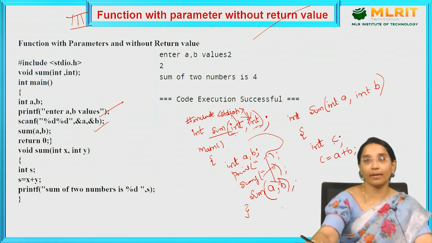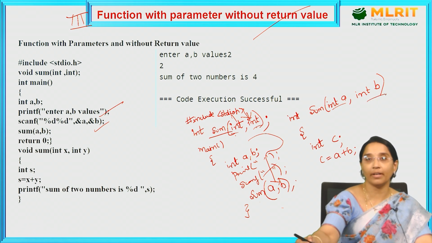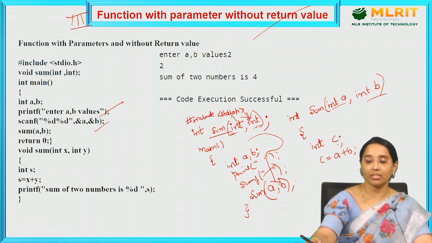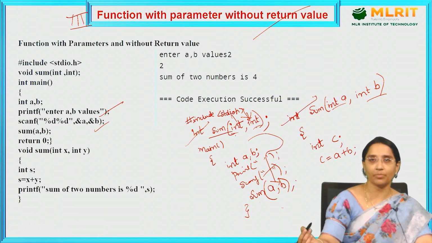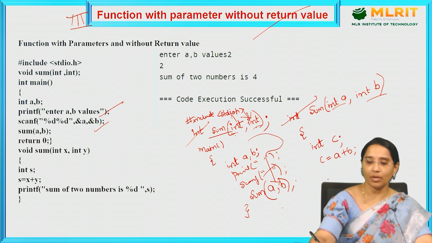No need to declare a comma b again, it was already declared. If you declare them here, the compiler will show an error because it is a redeclaration of the variables. So the function declaration and function definition must both be the same. C is equals to a plus b, and it is without return value.